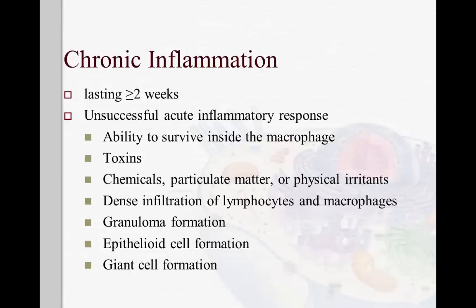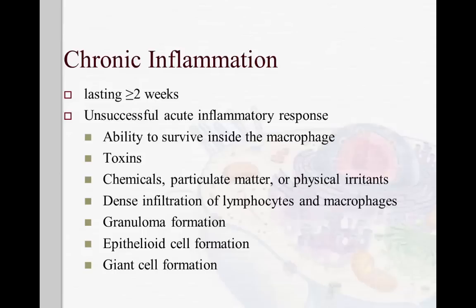Now, chronic inflammation is present when the inflammatory process is prolonged more than 2 weeks, or 2 weeks or longer. And remember, it doesn't have to be necessarily preceded by an acute inflammatory process, but it's an indication that everything that we have discussed already has been unsuccessful.